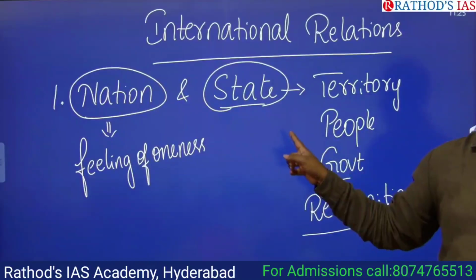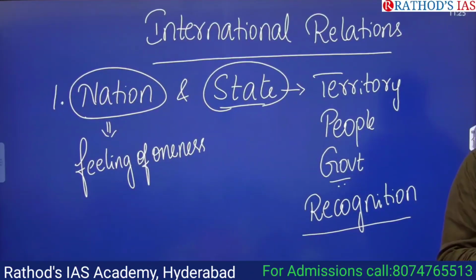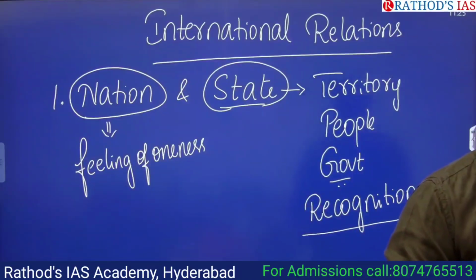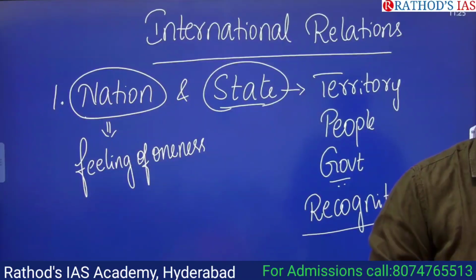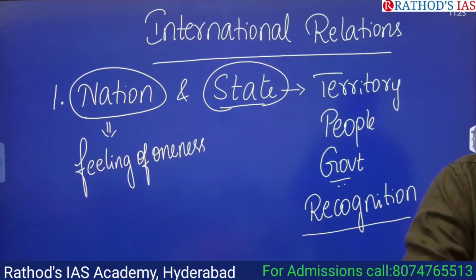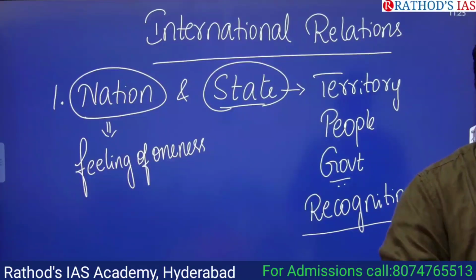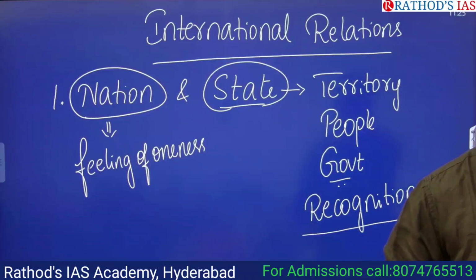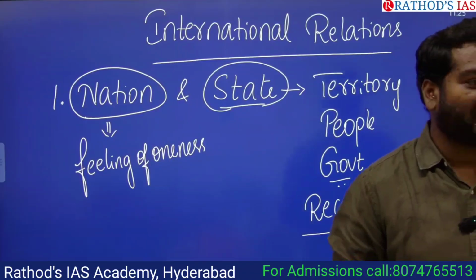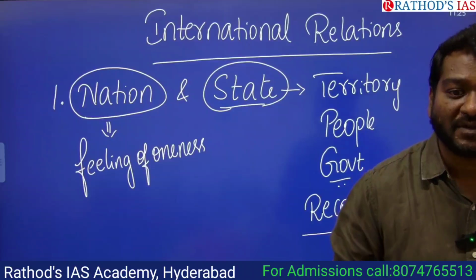Right? So you have nation and state. Why are we discussing this? Think of this now. Tamils in Sri Lanka love Tamils in India. Tamils in India love Tamils in Sri Lanka. If they love, it's fine. But if you are in a problem, they interfere. If they are in a problem, you interfere. So what is going to happen because of this?